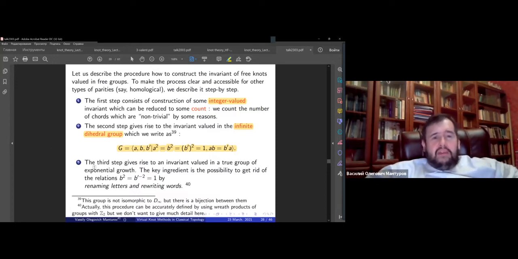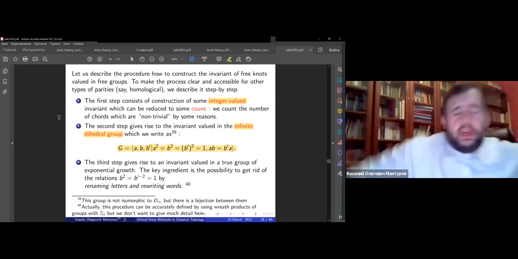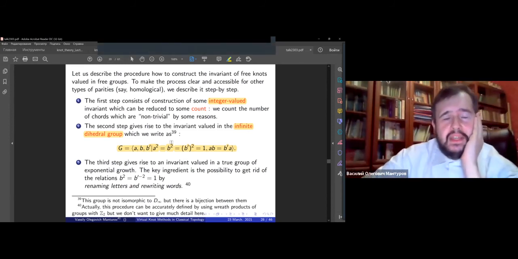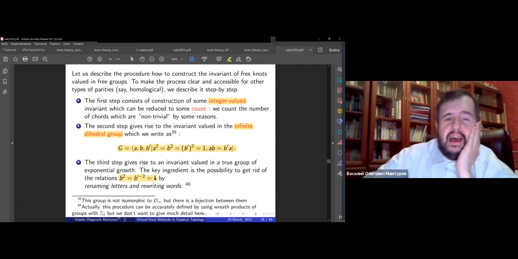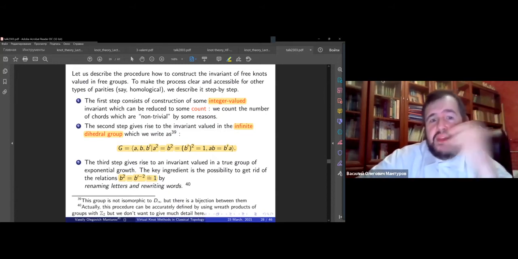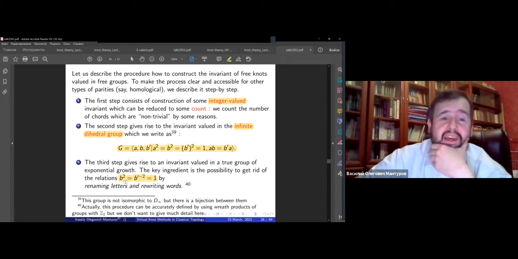And actually, if I stare at that very carefully, I can see that everything can be reduced to that. And after that, I was very much disappointed, because I realized that my invariant is far from being genuinely non-commutative. But if I can get rid of just these relations, by using just some tricks with words, renaming letters and rewriting words, then I can get a genuinely non-commutative group.